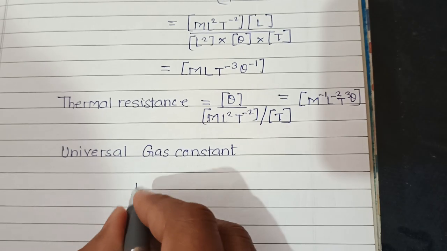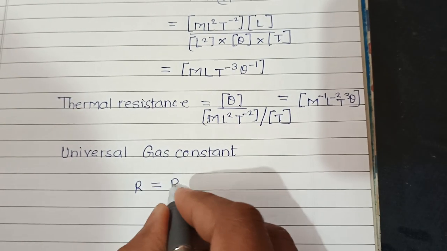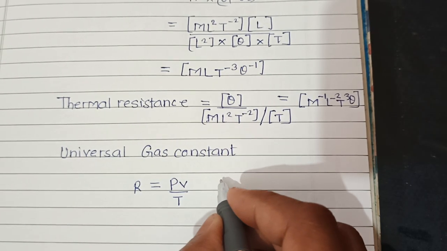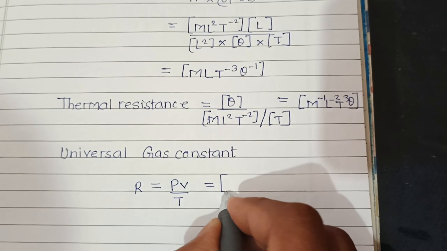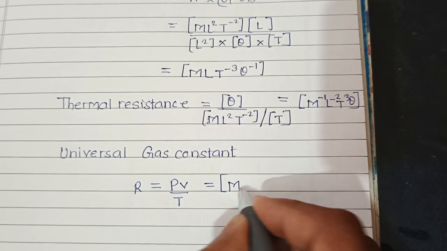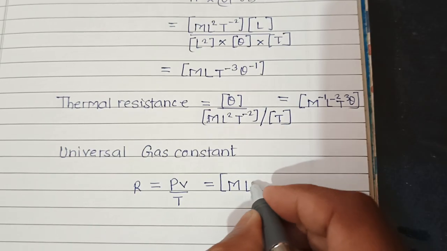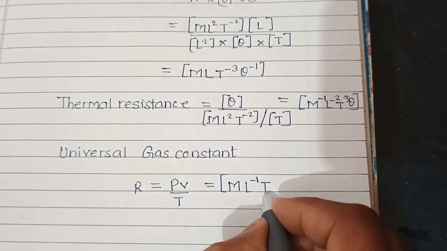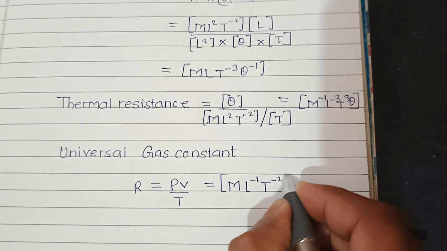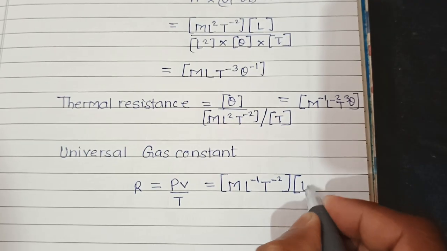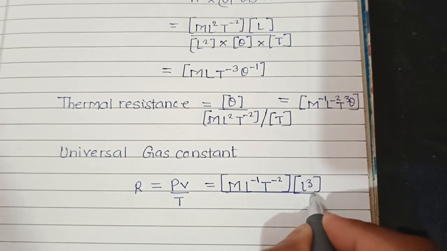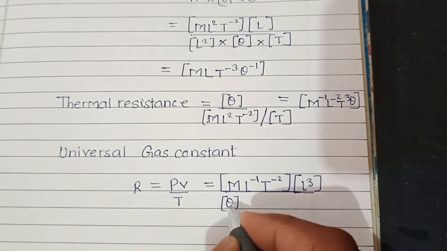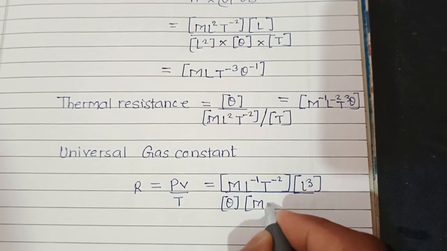So R is equal to PV by T. So P is m l minus 1 T minus 2, V is L cube, and T is theta and mole.